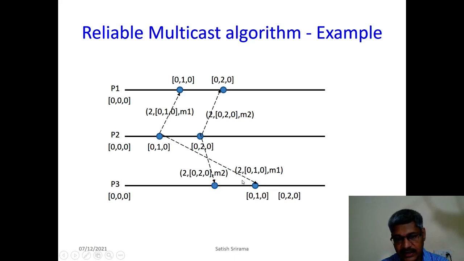Later, at a certain point, you will receive this M1, and M1 perfectly matches, so it will R-deliver that message, and after that the message in the holdback queue will satisfy its constraints and it is also R-delivered, and after that the vector changes.